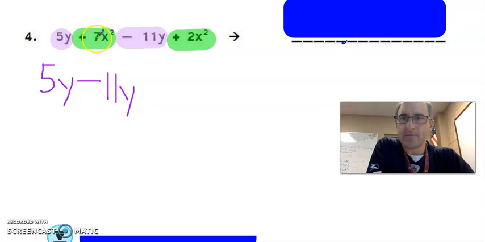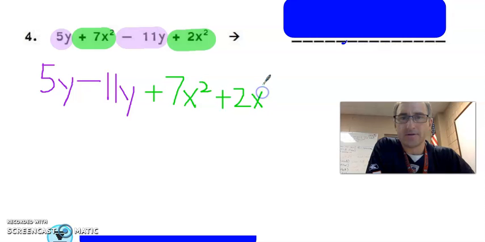And I need to remember to move the plus with the 7x squared because it belongs to it. And I drop down the plus 2 because they go together. When I put all of this together, I have 11 minus 5, which is a negative number, negative 6y. And then 7 and 2 are both positive, so that's a positive 9x squared.